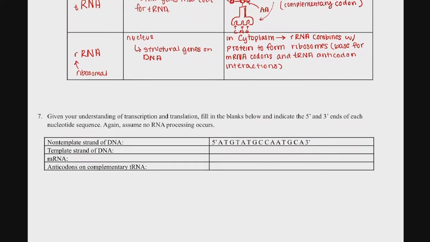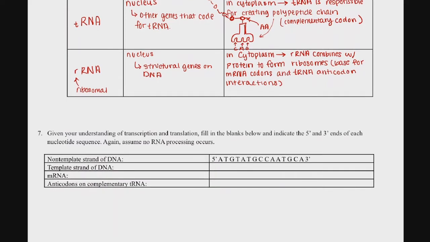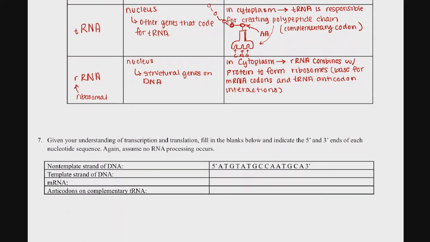Alright, number 7. It's just having us go through and translate this. These are kind of fun. So if it's the non-template strand, the template strand would be complementary to this.